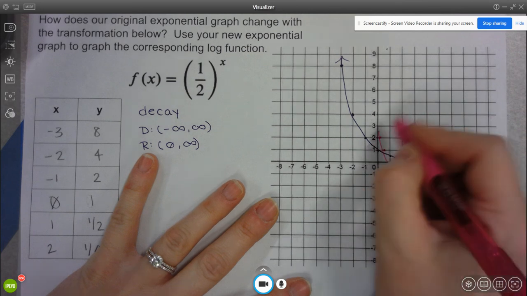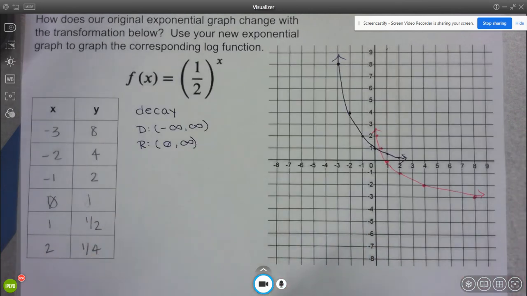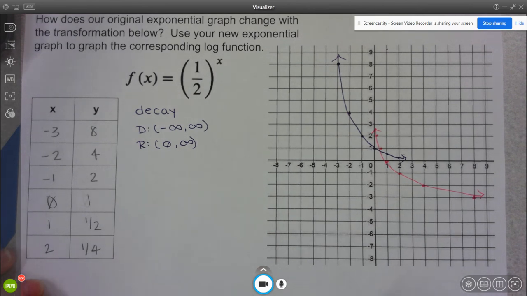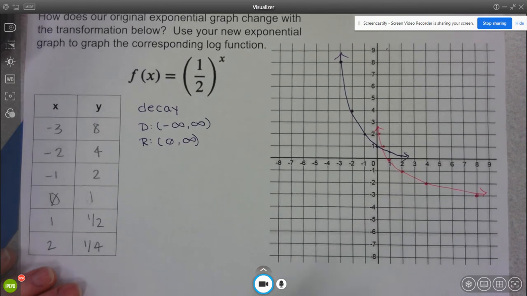So that's totally inverted as well. Our domain and range are still going to be the same for this log function. But what we have to figure out is how I'm going to make this log function.